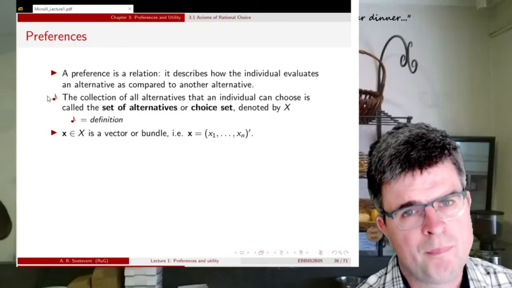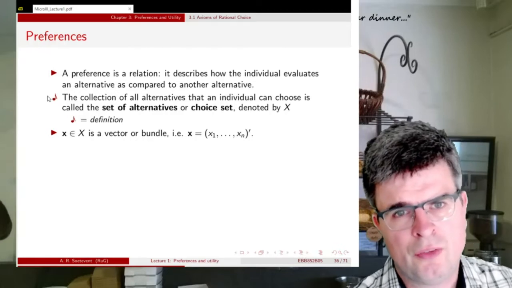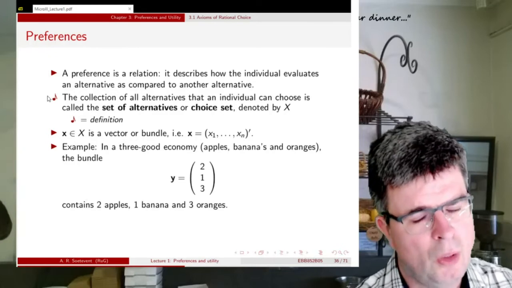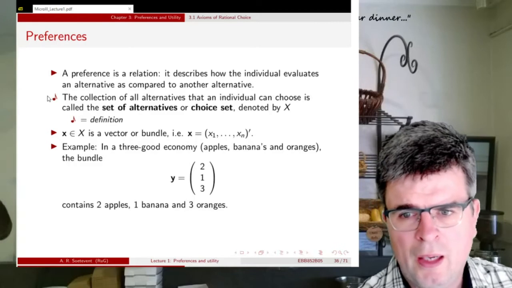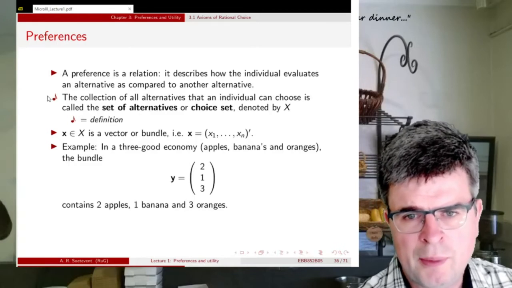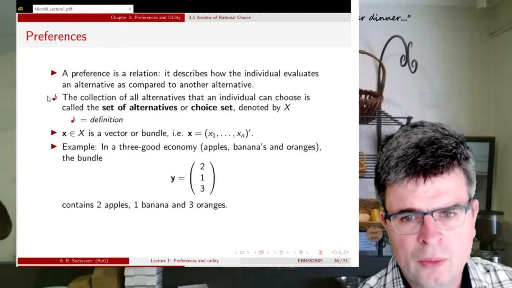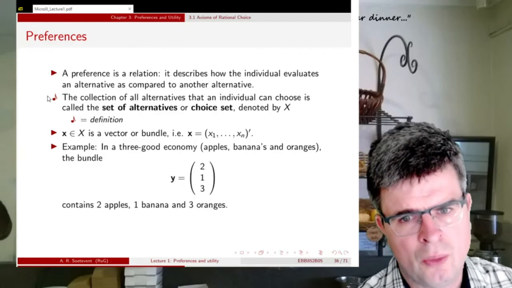So we think of alternatives as a bundle of different goods. Now, to give one example, always dealing with apples, bananas, and other fruits. Suppose we have a three good economy, then one bundle may be bundle Y, consisting of 2 apples, 1 banana, and 3 oranges.